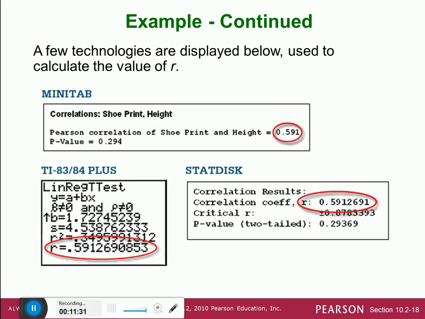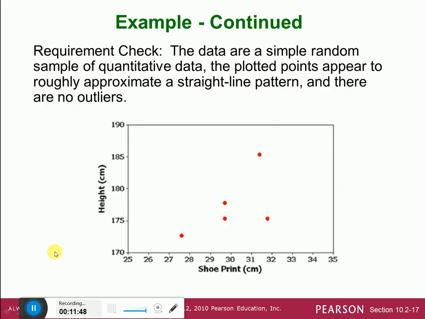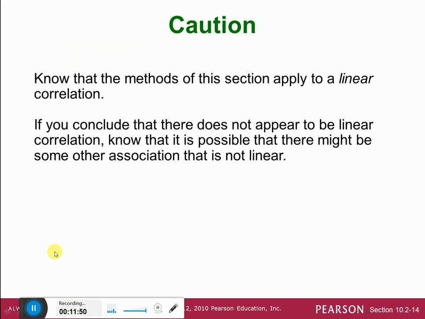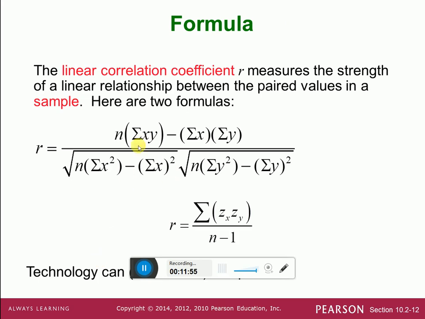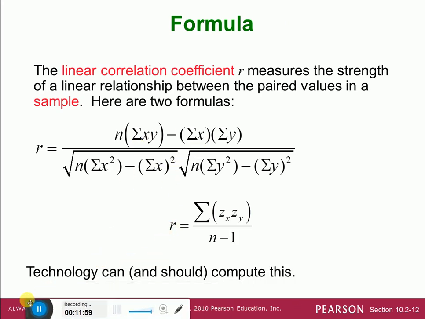Now, from TI-83, we can find the correlation coefficient R to be 0.5912. R is calculated by the formula here, right?